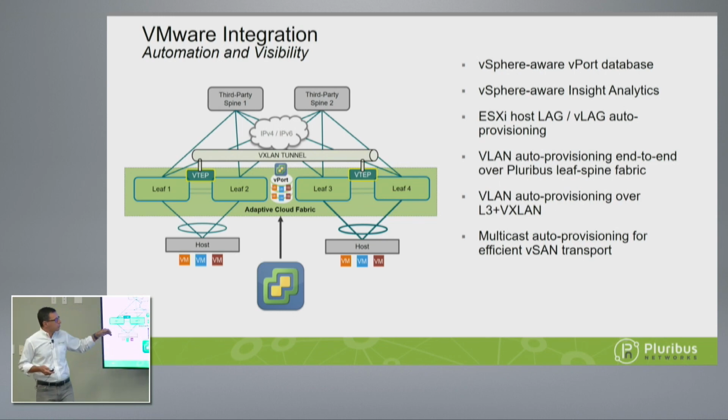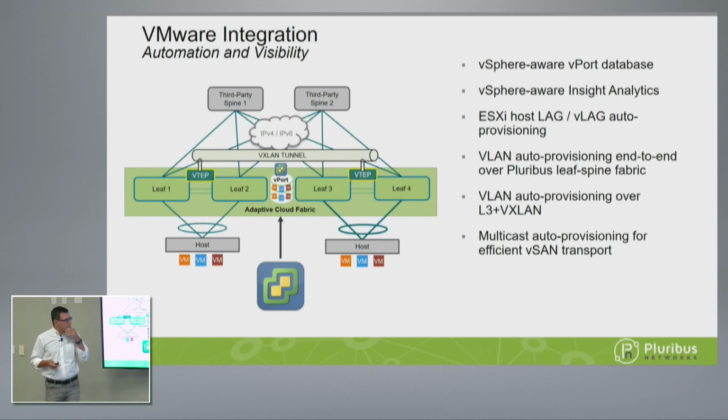But what's interesting is that we use VMware provisioning as an event to provision our overlay fabric completely automatically. So we extend a VLAN configuration across a tunnel. And if you happen to have a Pluribus leaf and Pluribus spine, and there is no overlay, we provision the VLAN even on the spine switches, end-to-end provisioning of network segments.